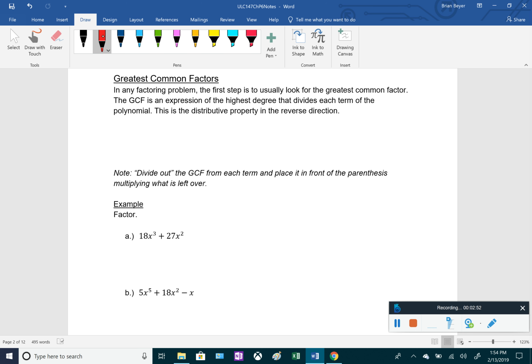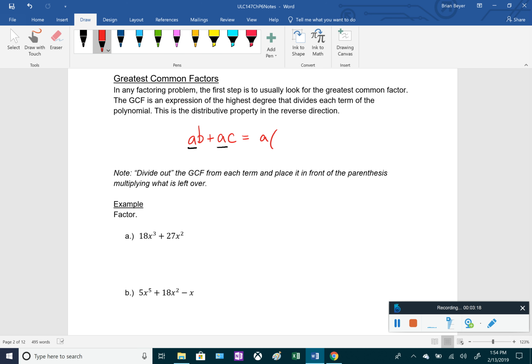So if we had AB plus AC and we wanted to factor out the GCF, we go to each term. AB is one term, AC is the other term. The greatest common factor that those two terms have in common is going to be A. So we factor it out front.